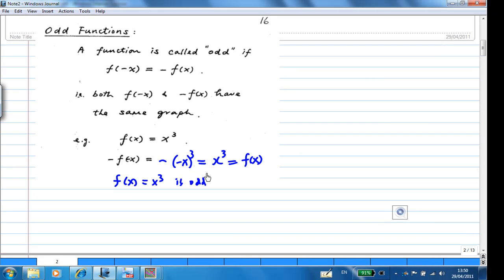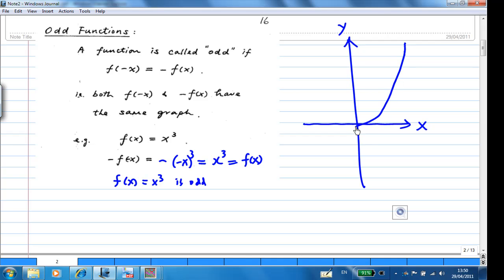Now what is so special about the graph of an odd function? If you look at the graph of an odd function, say y equal to x cubed, if you look at the right side, and x less than 0, for an odd function, you can get the graph on the left side by doing a double reflection.